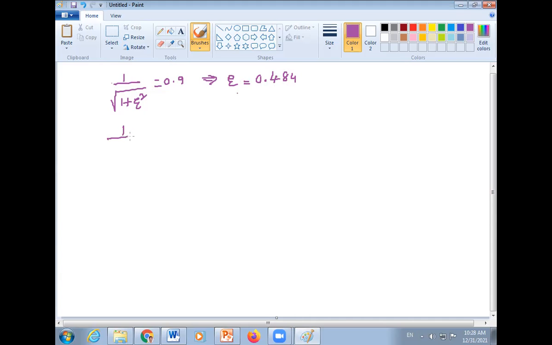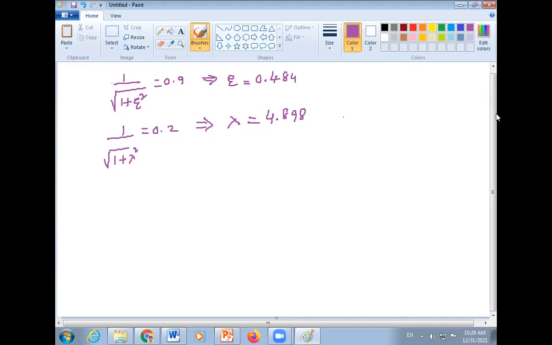Likewise, 1 divided by square root of 1 plus lambda square is equal to 0.2, and we get the value of lambda as 4.898.